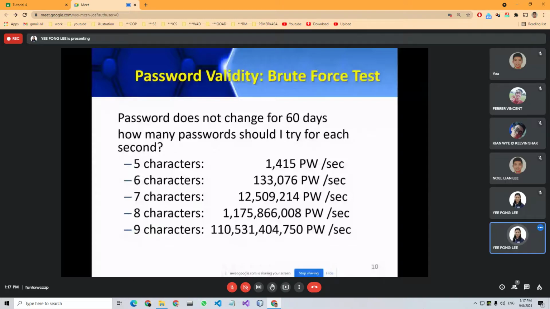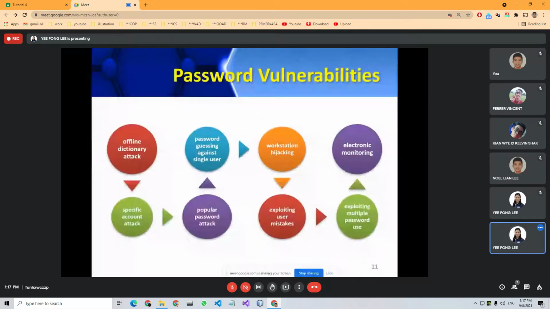Next, we look at password vulnerability, meaning open space for the attacker. We can identify the following attack strategies. From this page, the following five PowerPoint slides explain the content, so I will explain based on here.